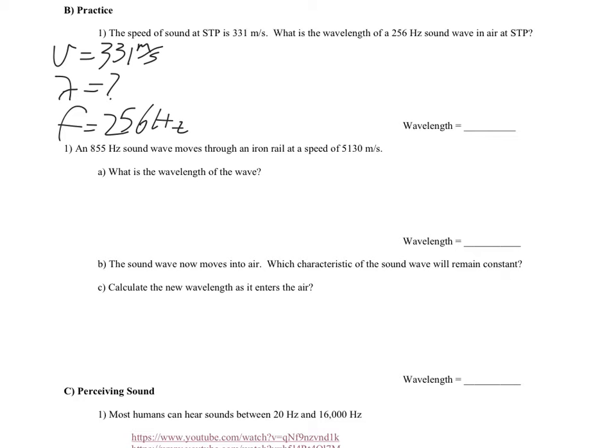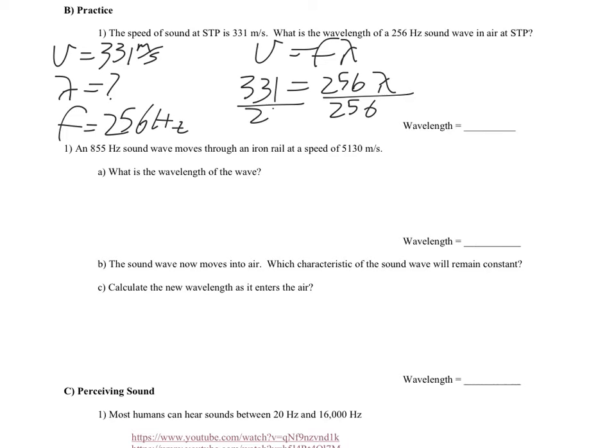So we're going to use V equals F lambda. 331 equals 256 times lambda. Divide both sides by 256. Let's see if we throw into our calculator 331 divided by 256. We should get about 1.29 meters.